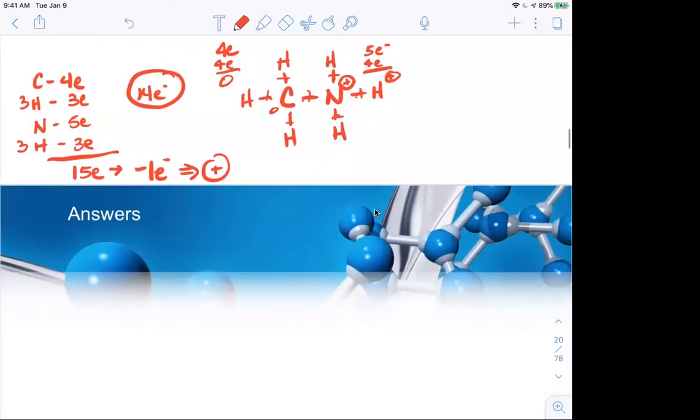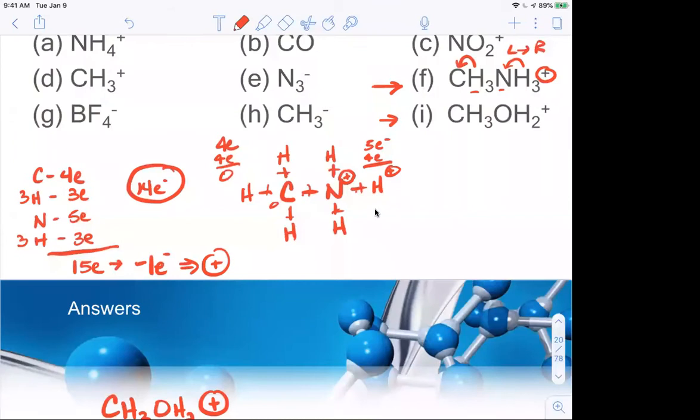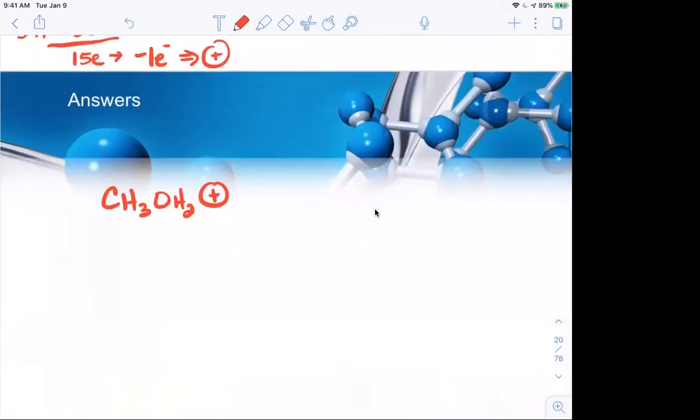Let's look at CH3OH2 plus, right? That's I. Again, I'm reading left to right. I have 4 electrons from carbon.